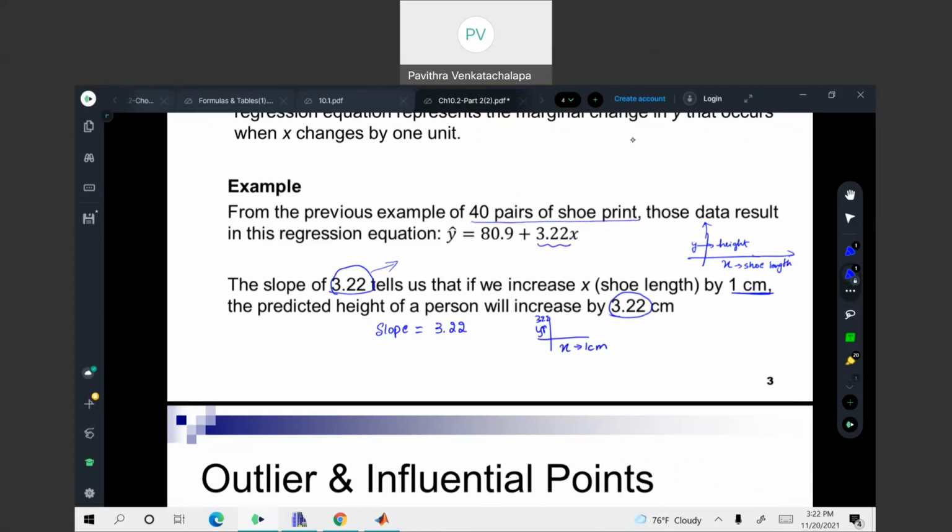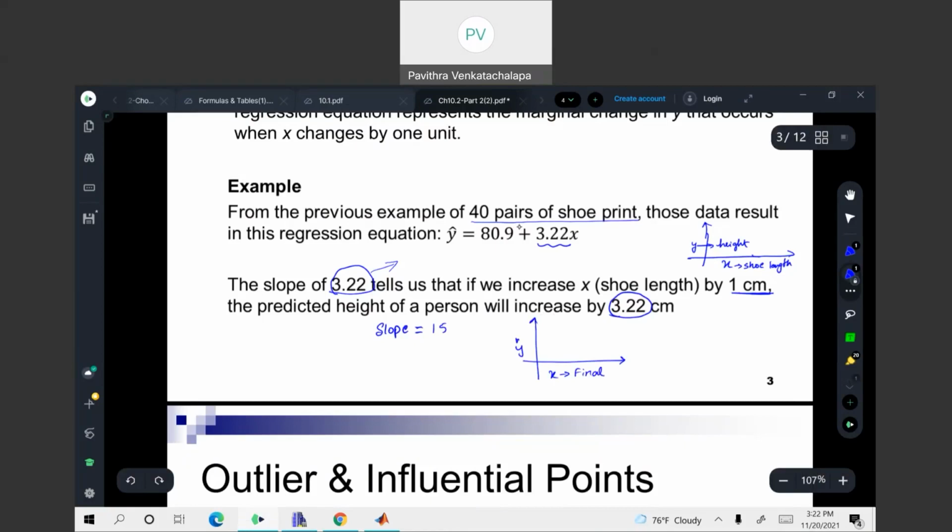Okay. Now another example. Let's say your slope is 15 now, and you have an example in this way. Your x is your final exam grade, and y is your overall score or grade.